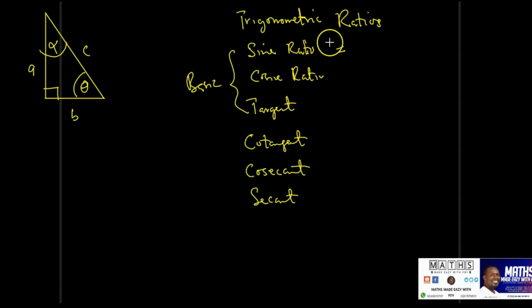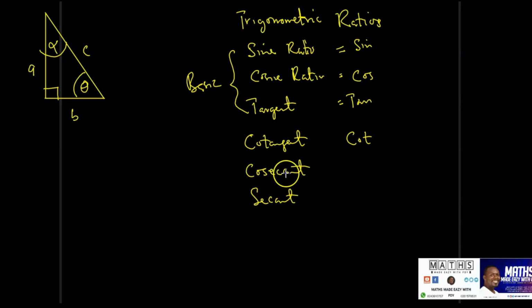Now, let me give you the symbols for the ratios. The symbol for sine is sin. The symbol for cosine is cos. The symbol for tangent is tan. The symbol for cotangent is cot.